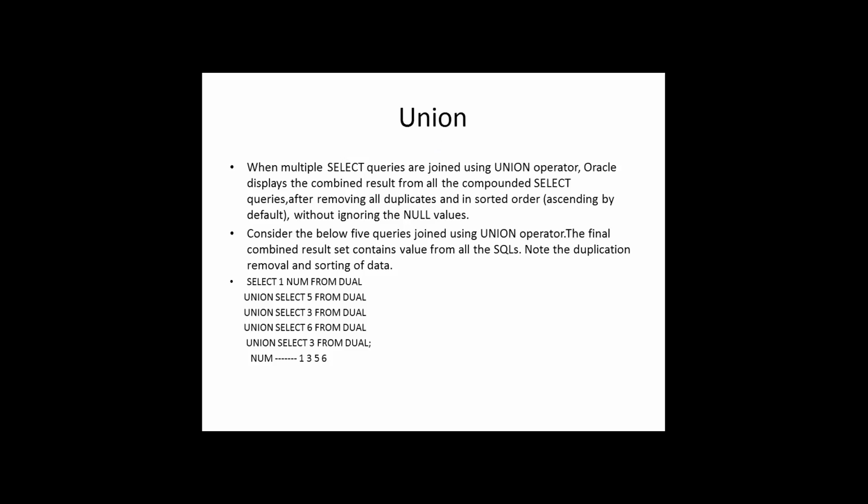When we write two queries, one is select 1 as a number from dual, and select 5 from dual. This is one example, we can write it in a different way. Both columns on each side should be the same data type.